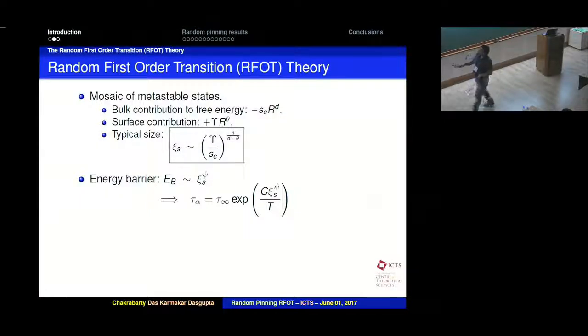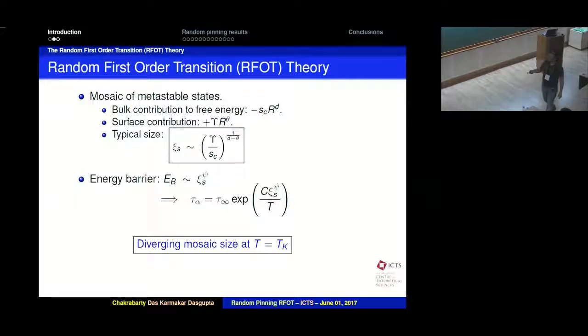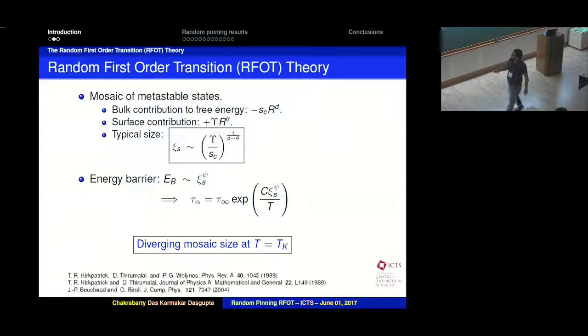And so your relaxation time is e to the power the static length scale to the power psi divided by temperature, and the divergence of the time scale occurs because there is a divergence of the static length scale. And so this is the diverging mosaic size as you approach the ideal glass transition temperature. And this was introduced in these two papers, and this was reinterpreted in this paper.